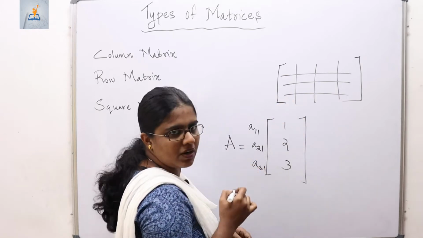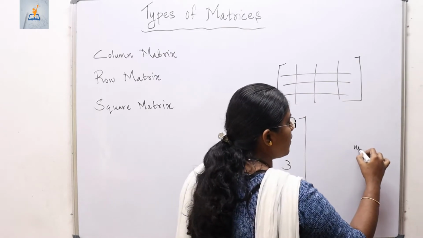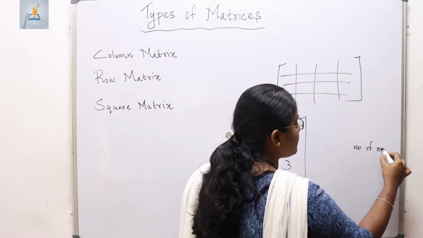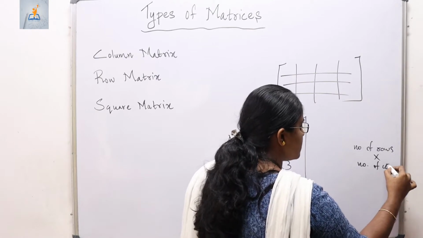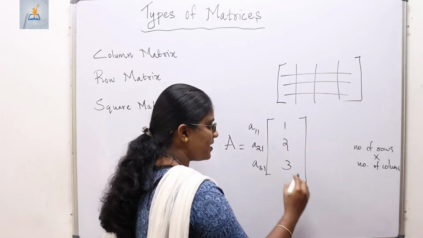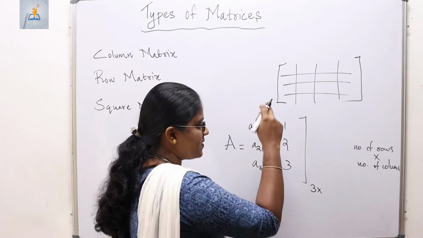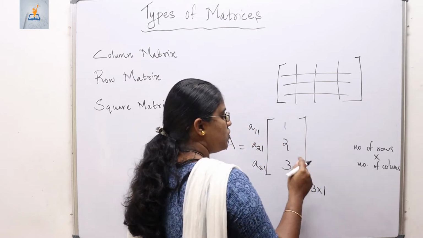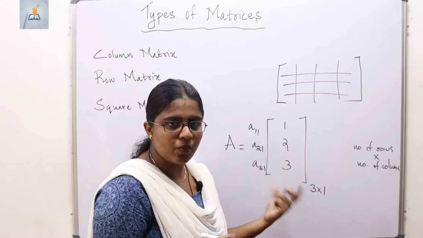The order of this matrix is number of rows by number of columns, right? The number of rows is 3, and the number of columns is 1. So this is a 3 by 1 matrix and it has only one column.